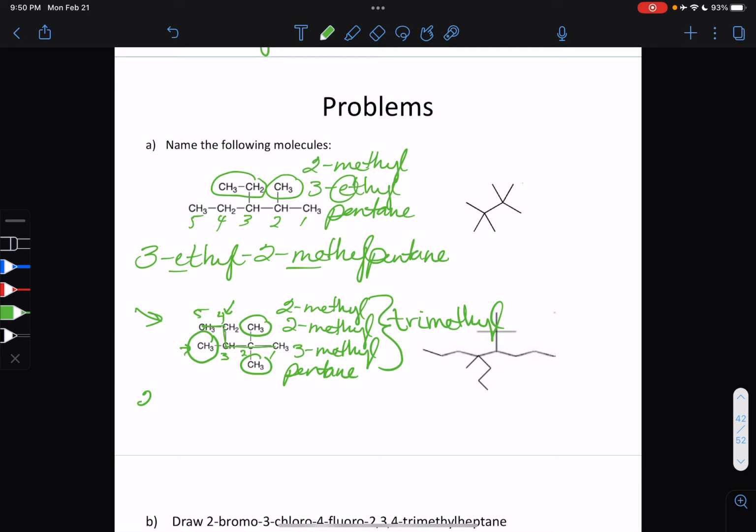No, you'd put 2,2,3-trimethyl, remembering that between numbers you've got commas and between numbers and letters you've got hyphens. And then trimethyl, no space, pentane.